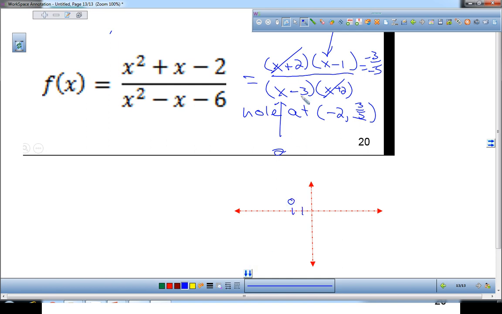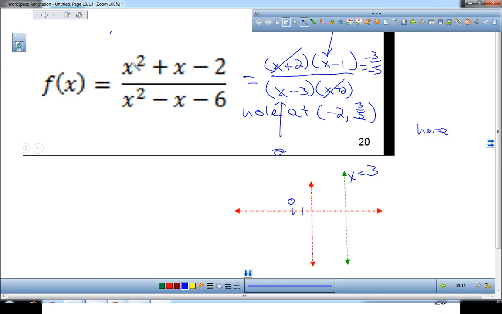I also know that I have a vertical asymptote where? This one doesn't cancel out. So if this doesn't cancel out, then I have a vertical asymptote at x equals 3. So different color, green, different dots here. At x equals 3, I have a vertical asymptote.